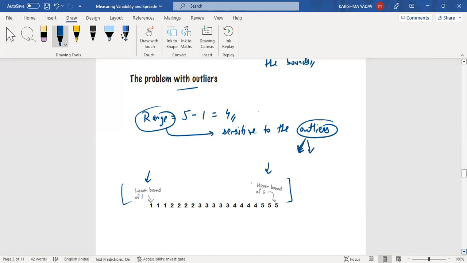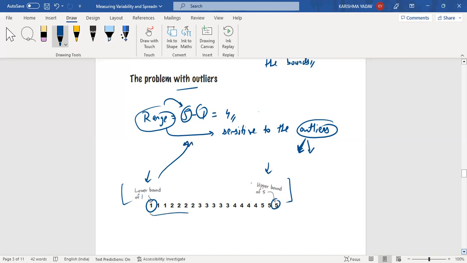Outliers are extreme high or extreme low values, and in the calculation of the range we use the upper bound, the extreme high value, and the lower bound, the extreme low value. So if we have outliers, they are going to be included in the calculation. That is why the range is so sensitive to outliers.